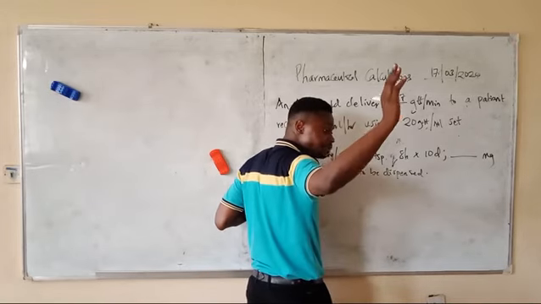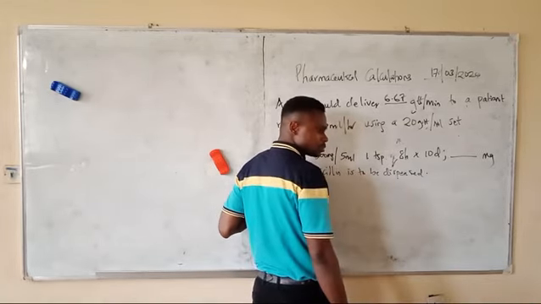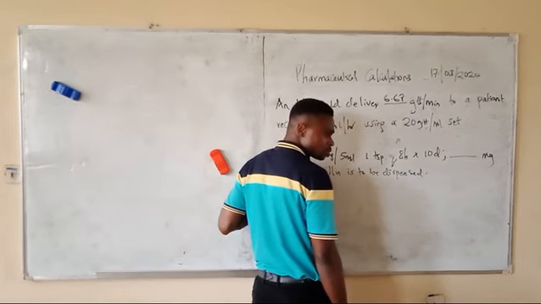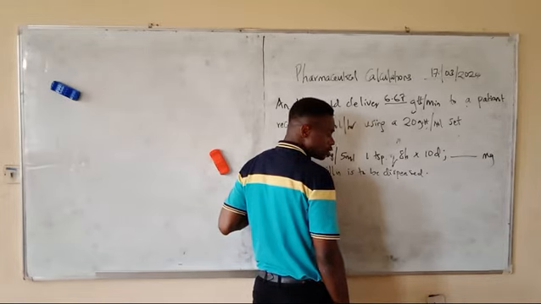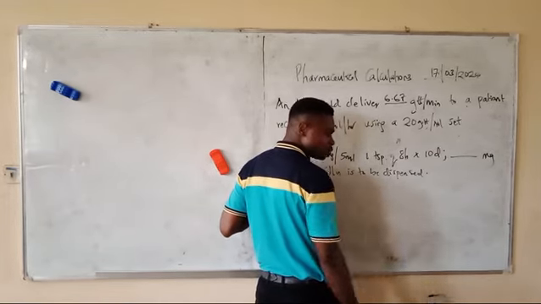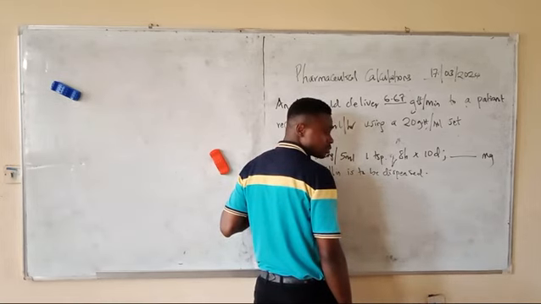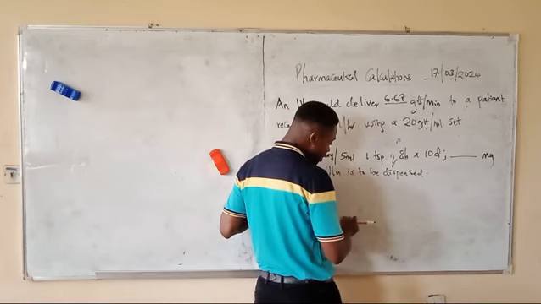And 24 divided by 8 is what? How many 8s are in 24?